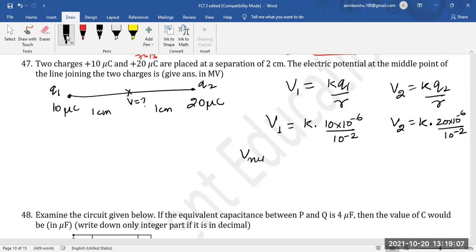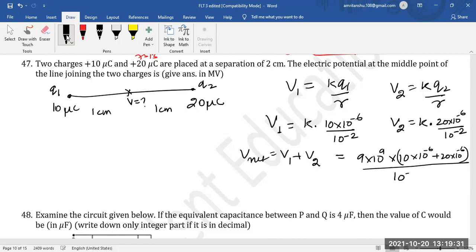So V net over here will be V1 plus V2, which is going to be 9 into 10 raised to 9, into 10 into 10 raised to minus 6 plus 20 into 10 raised to minus 6 upon 10 raised to minus 2. When you solve this expression, what do you get? Here it is asked answer in megavolts.